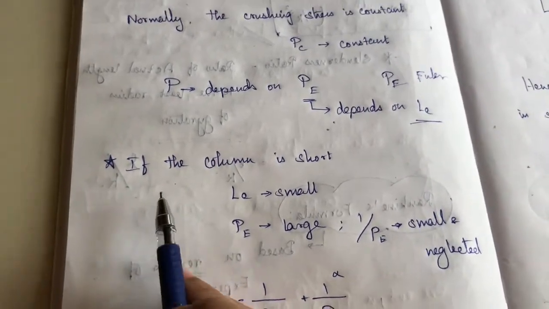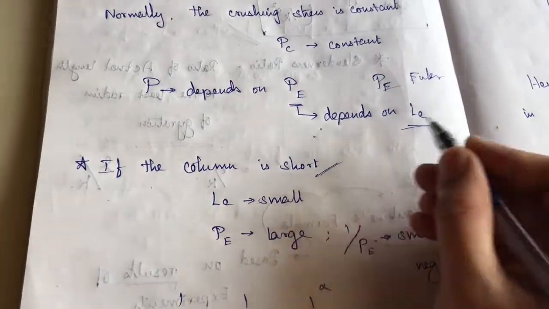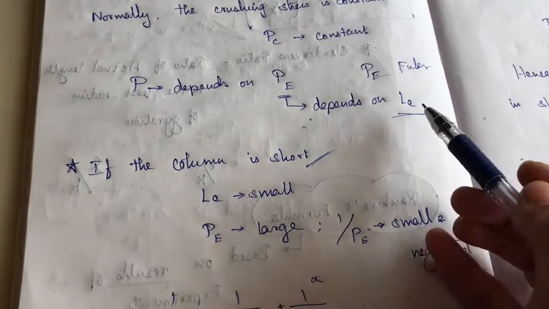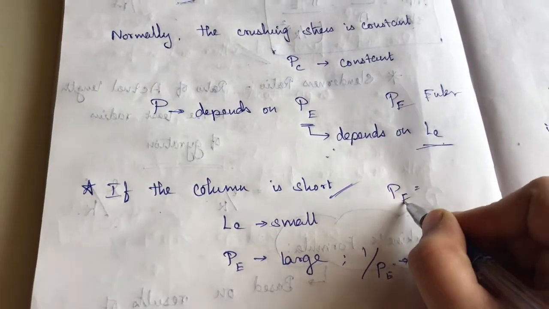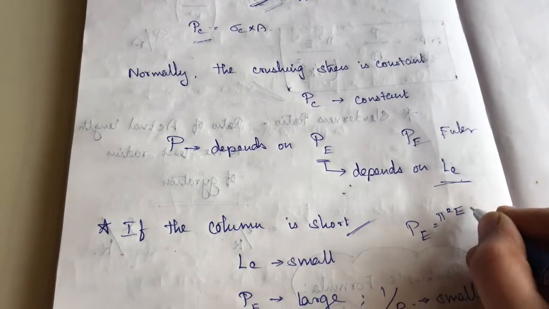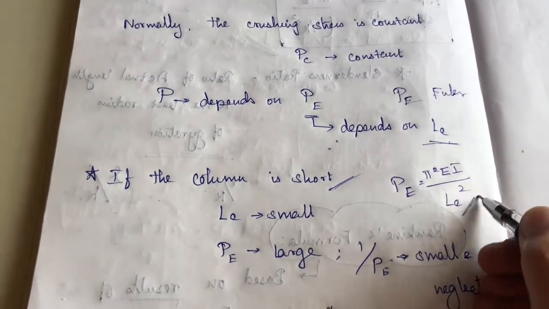Next one, if the column is short, here the column is short, so LE will be small. If it is small, we know PE, which is nothing but pi square EI by LE square, right? So this is the formula.